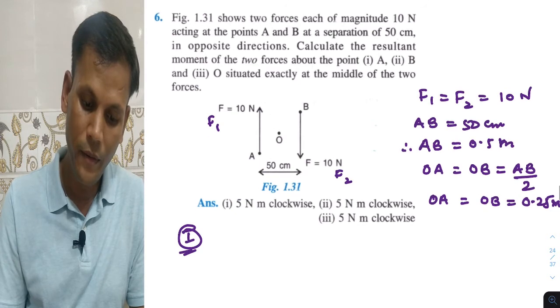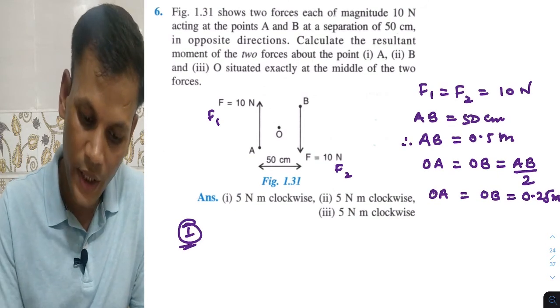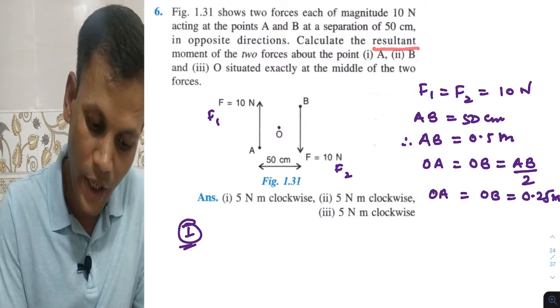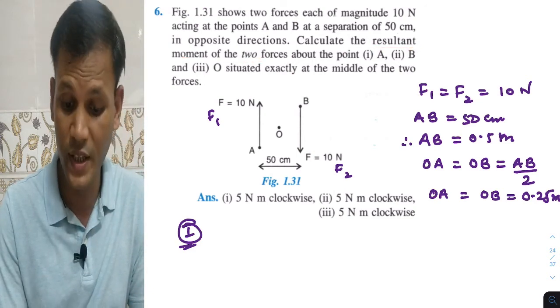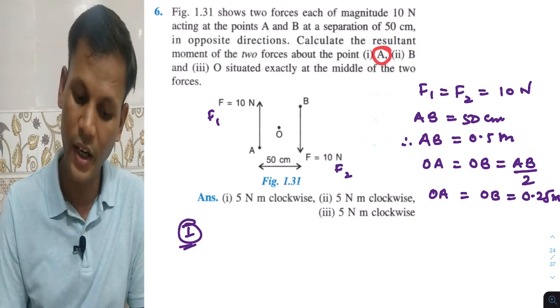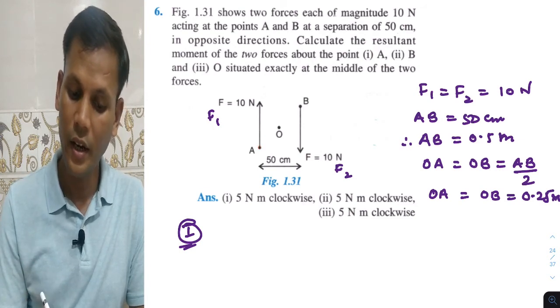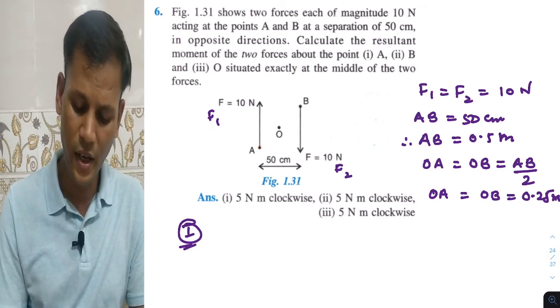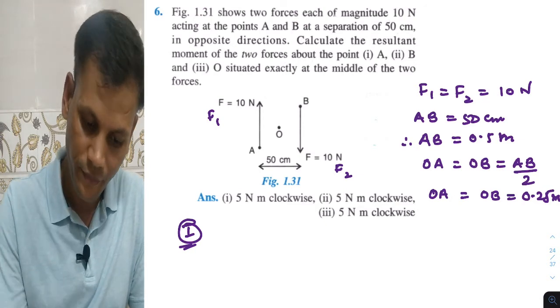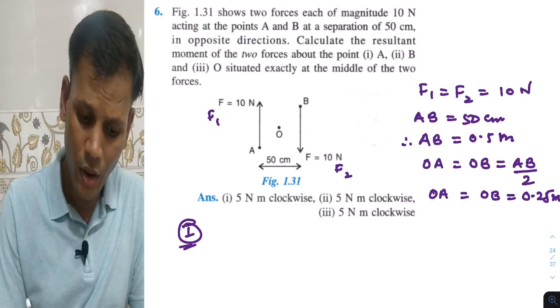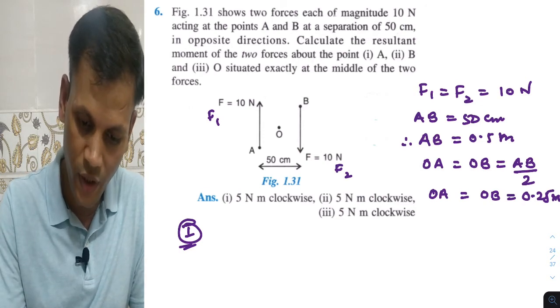First, we have to calculate the resultant moment of the two forces about point A. Two forces will act on it.